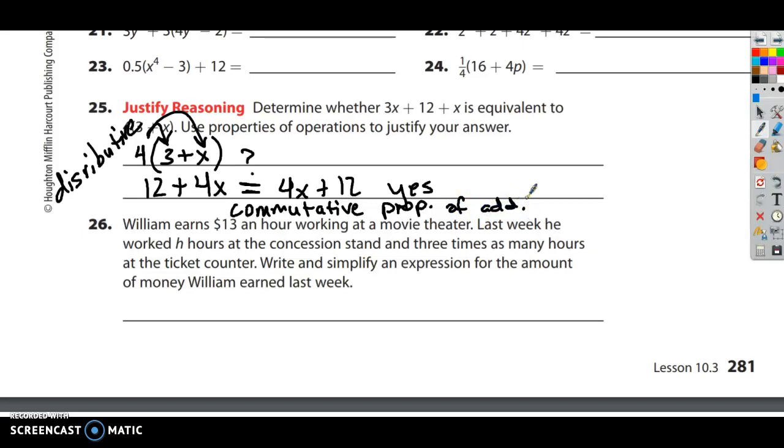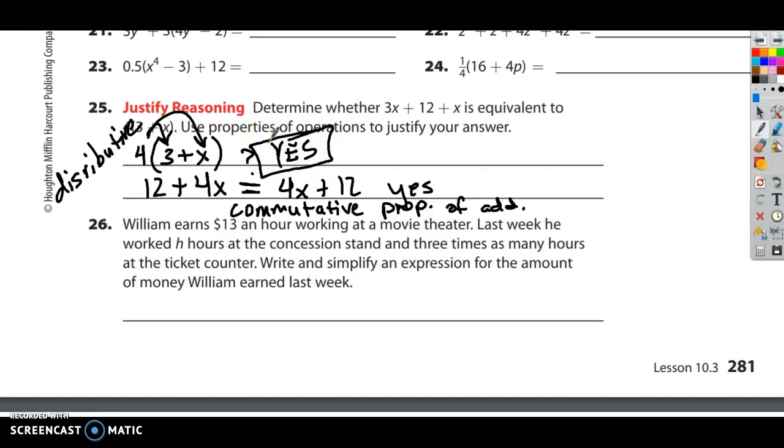Now I know that's kind of a mess, but whatever, it's not too bad. We use the distributive property to prove that 4 parentheses 3 plus x is equal to 12 plus 4x. And then we used the commutative property to say that 12 plus 4x is equal to 4x plus 12. The answer is yes. They are equivalent, and I already stated my properties.